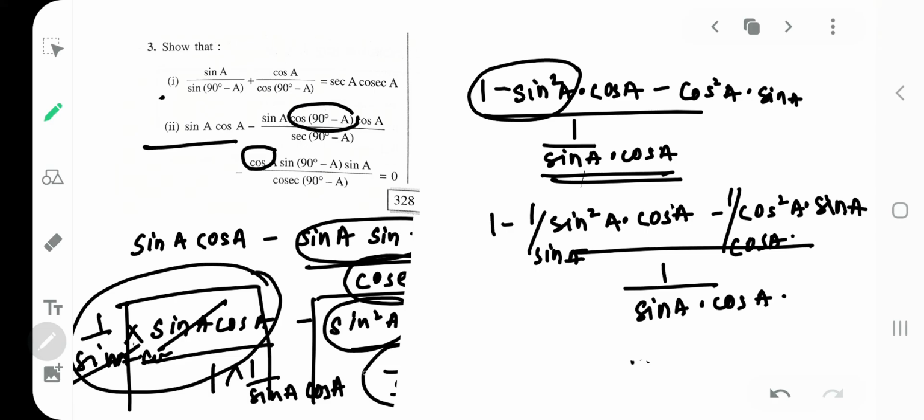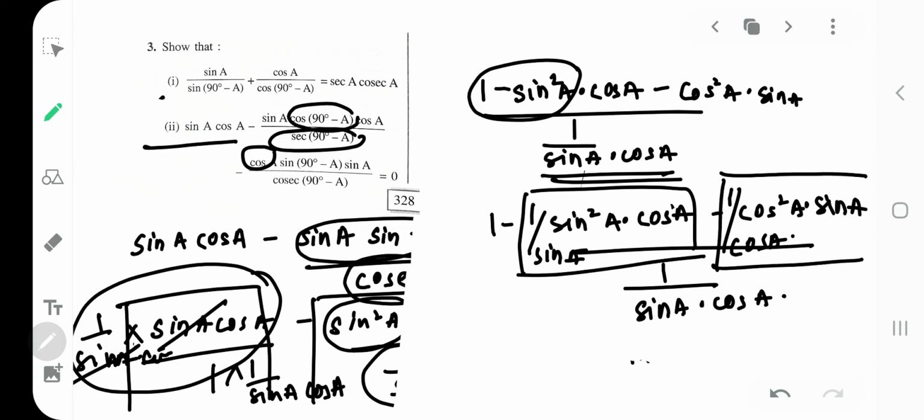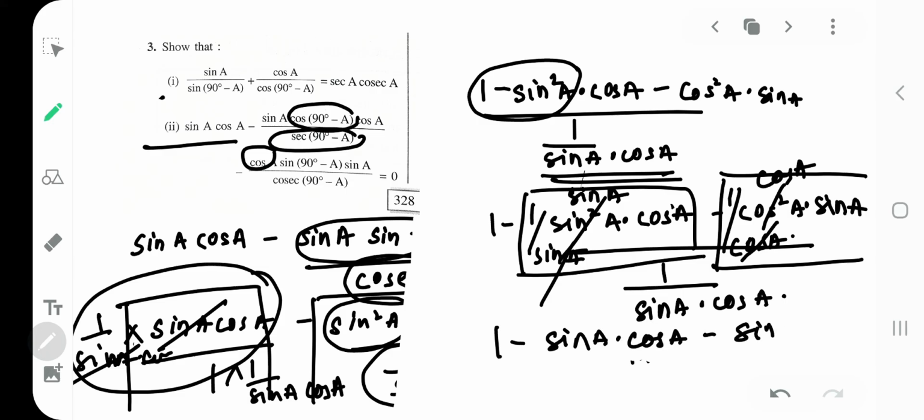In the second term, if you notice, there was 1 upon cos A, so it will have to be given 1 upon sin A. So I have to multiply the second term with 1 upon sin A and I have to multiply the third term with 1 upon cos A. Now I'll subtract this. So I'll be remaining with sin A here. Sorry, I'll eliminate this. I'll be remaining with sin A there, and here I'll be remaining with cos A. So it will be 1 minus sin A into cos A minus sin A into cos A.